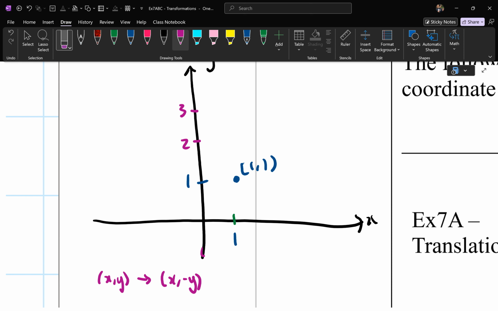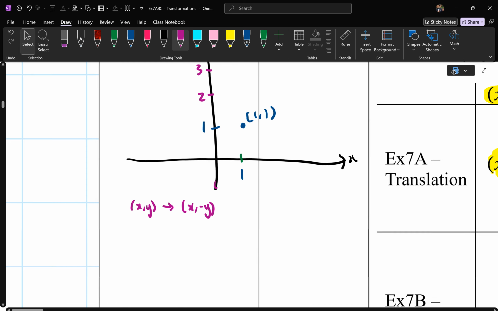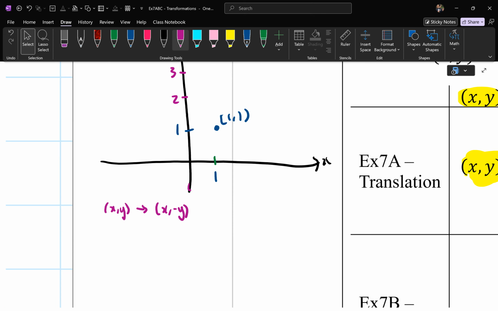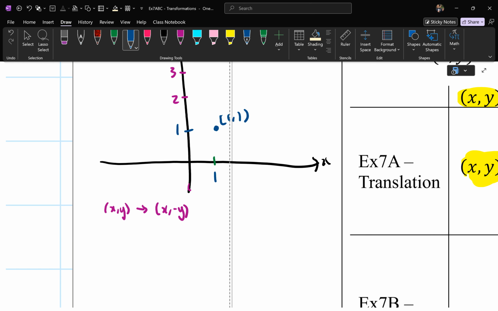Where's the new coordinate going to end up? 1 minus 1. Very good, because I'm saying keep the x, just put a negative on the y. So 1 minus 1 looks like this. This is where 1 is, and minus 1 is down here, right? So that's where minus 1 is.